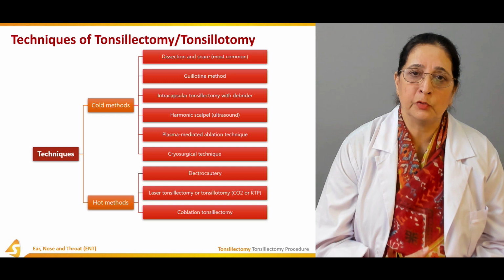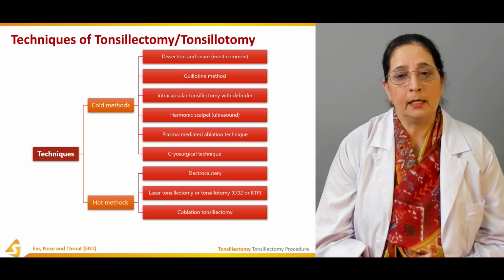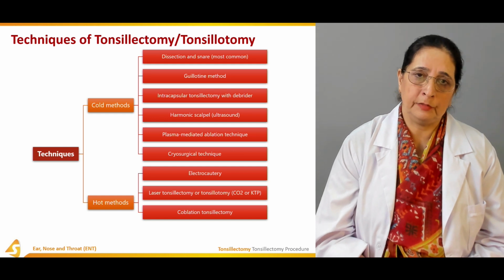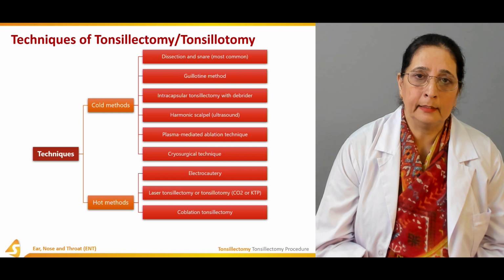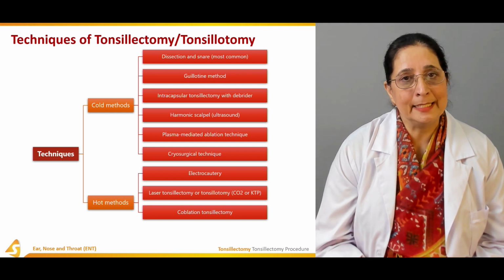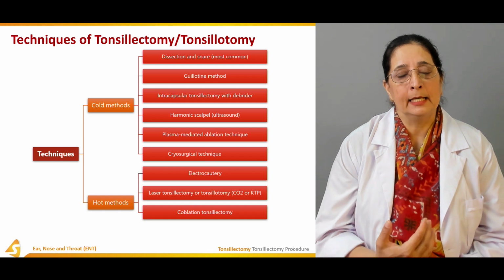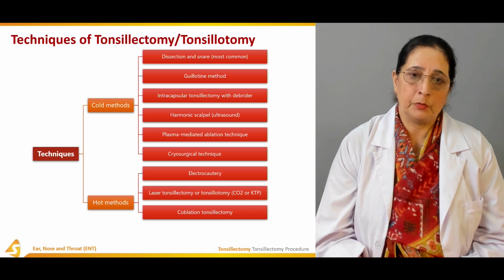The most commonly used method is the dissection and snare method, which is one of the cold methods. Then we have cryosurgery, the plasma mediated ablation technique, intracapsular tonsillectomy, harmonic scalpel, and ultrasound technique.